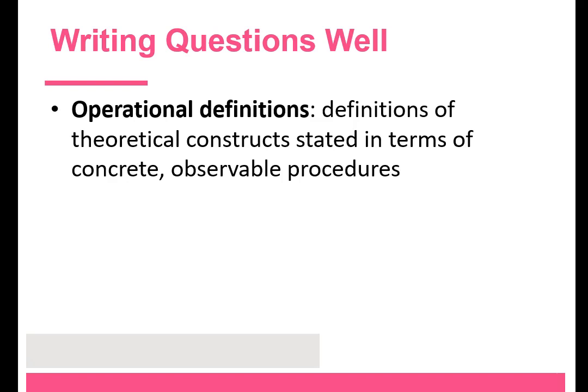That is very vague, because what do you mean by drinks? Is it drinks of anything, or are you talking about alcoholic drinks? What is a drink? We would need an operational definition. We're talking about this many ounces of this type of liquid. So you want to have those operational definitions in your questions so people understand what you're asking them.